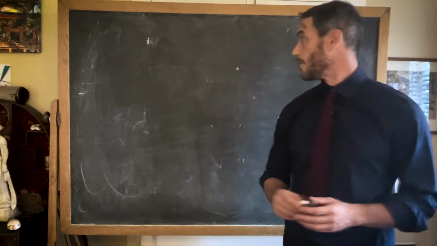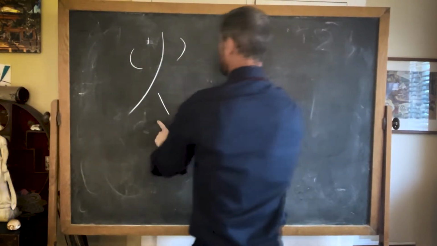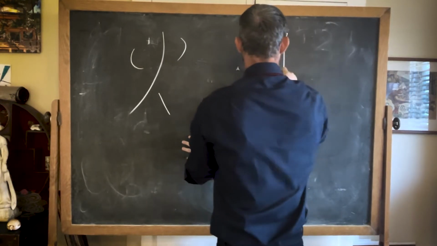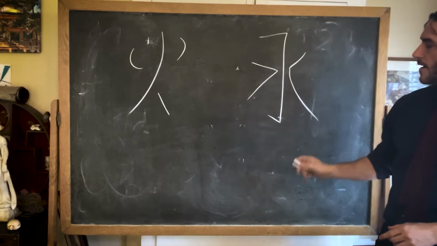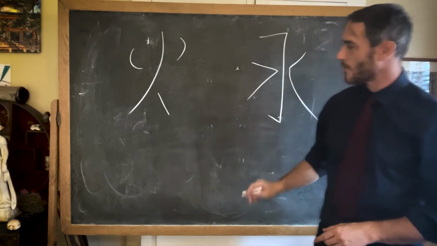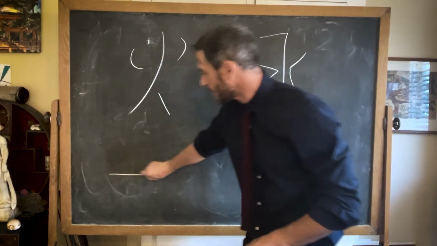and water. So fire is written like this, and water is written like this. These are two different ways of writing them. The hexagram form of these characters was like this.